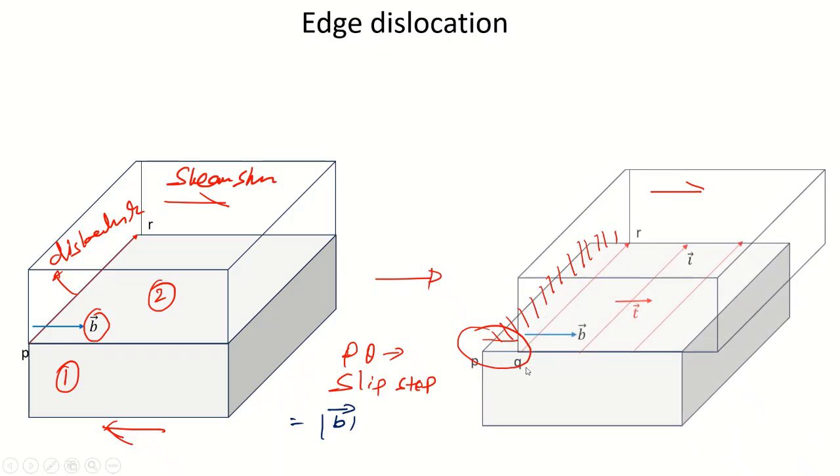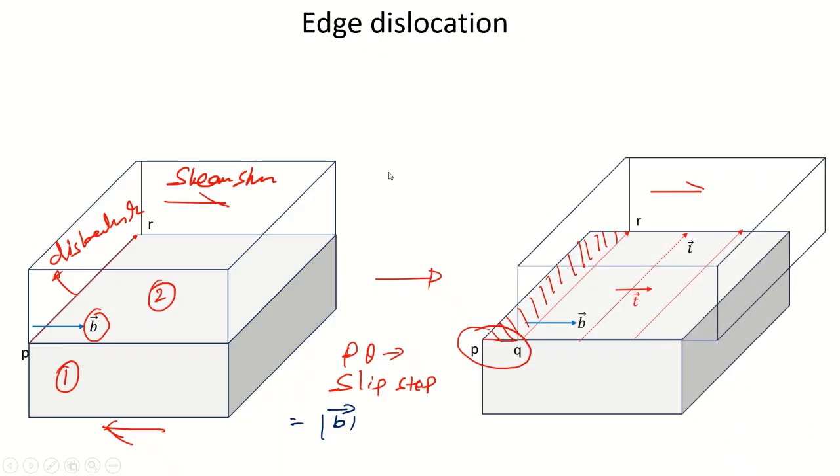The magnitude of it is equal to the Burgers vector. So if you see this line, this line is known as the dislocation line. And this is the Burgers vector.